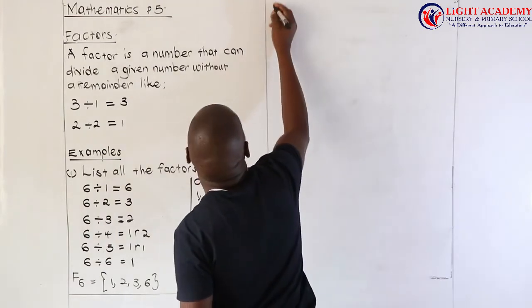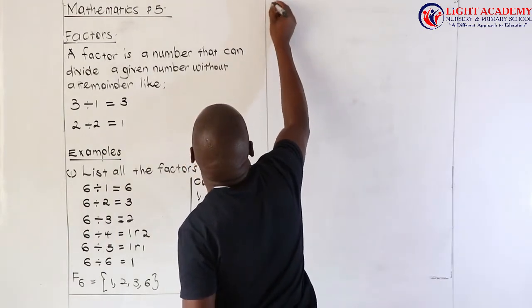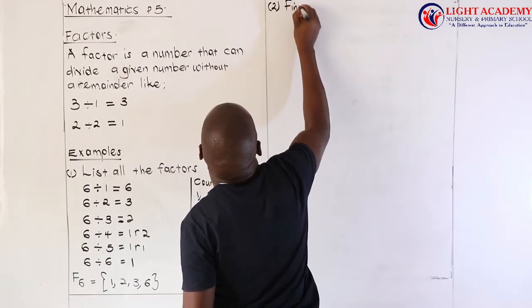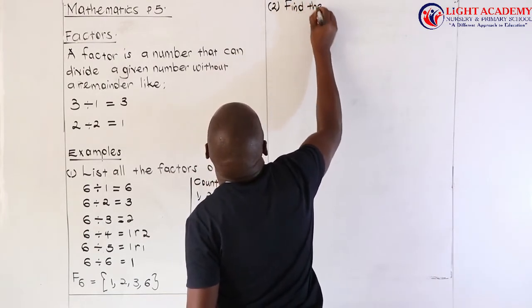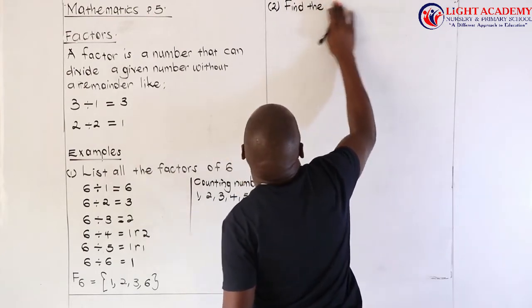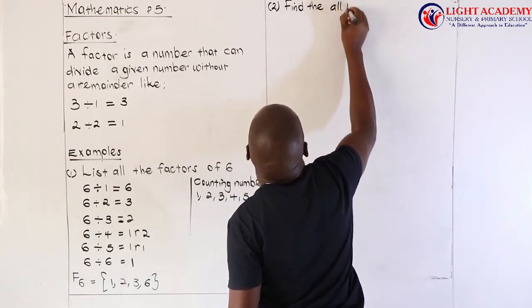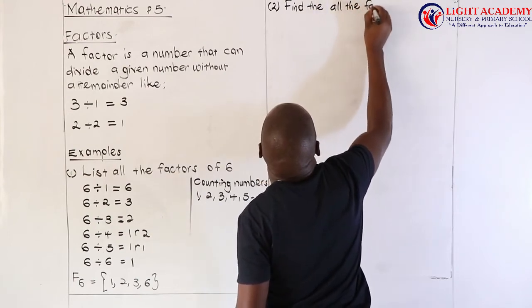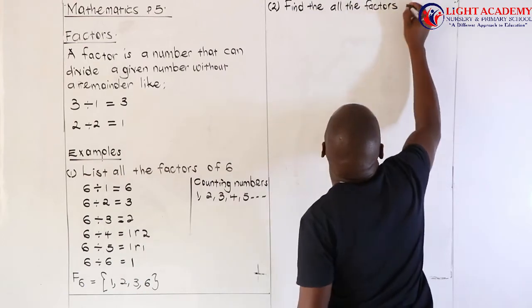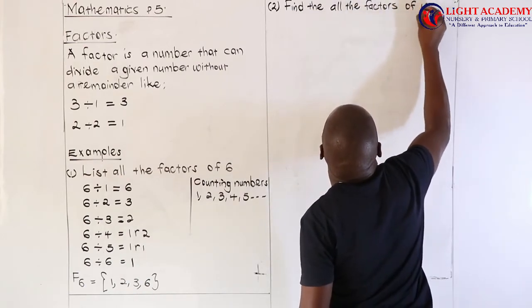So we can give the second example, and I say find all the factors of 12.